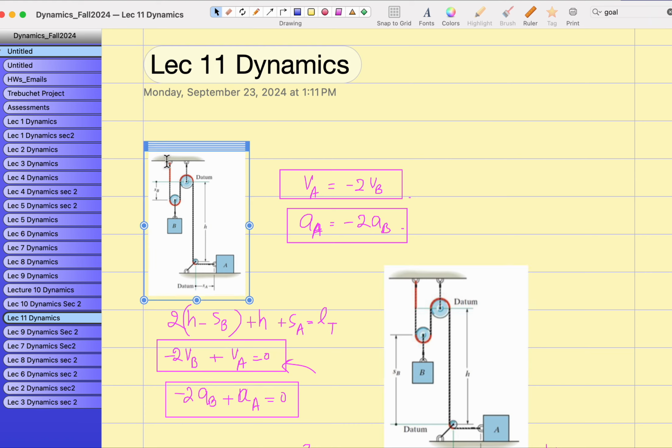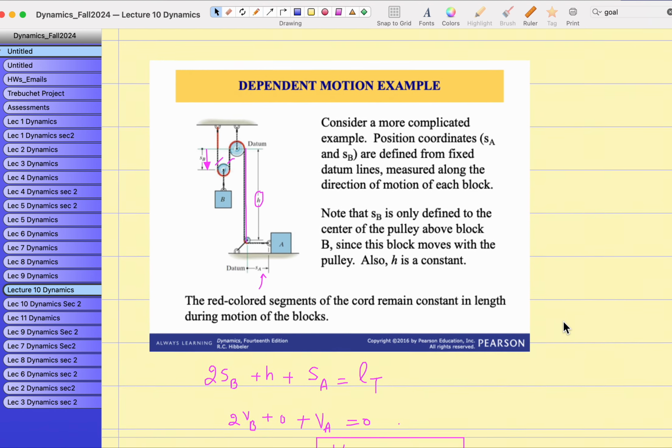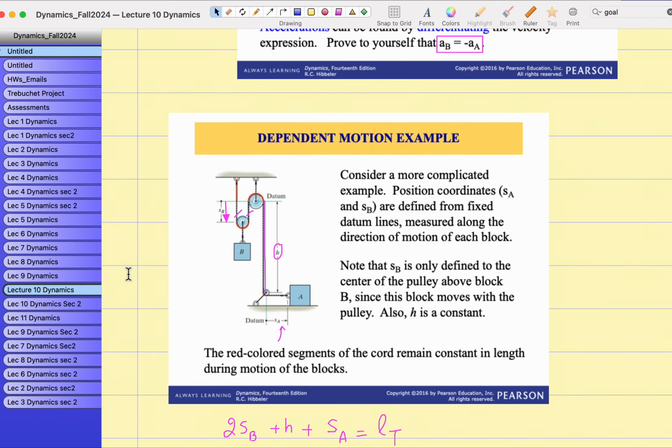Okay, so we are doing the dependent motion. How to find out the rope length? So first you select the datum line, as we saw in the last lecture that we can find out the datum from the fixed pulley, and then we can extend, like the origin is the datum, and then we extend the distance, the axis, which is s axis.